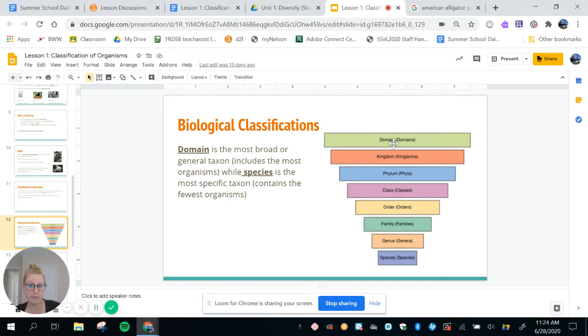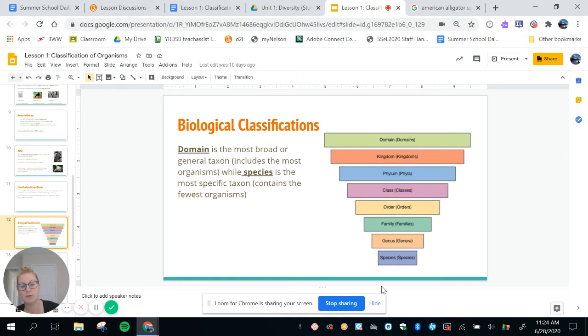So if I think about all eukaryotes, that would include every type of plant and animal, as well as every type of fungi and protist. We haven't even gotten to those yet, but we'll talk about them in this unit. So the domains include a lot of members. That's a really general taxa. That's a very broad classification.